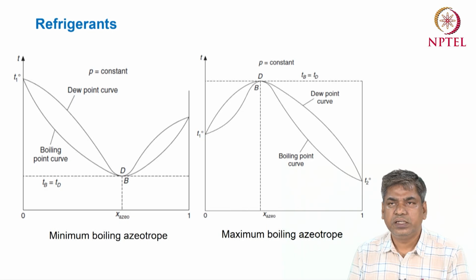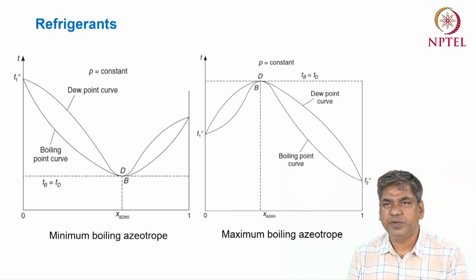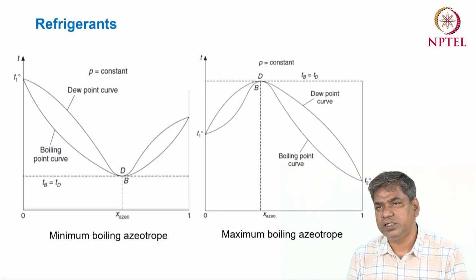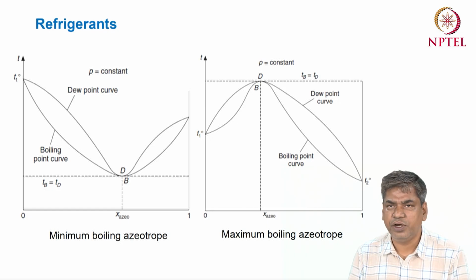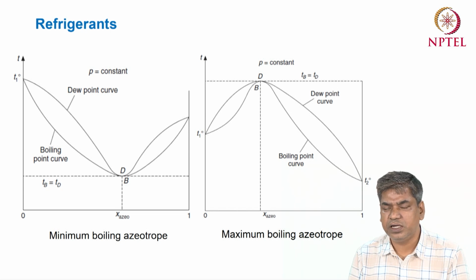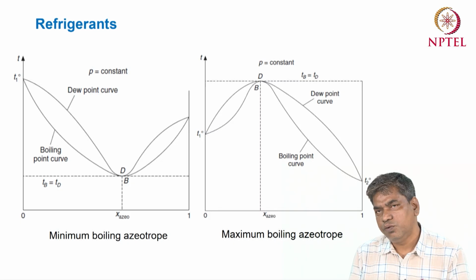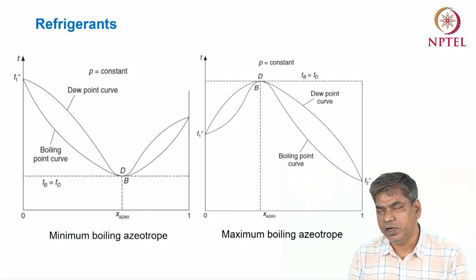Then we can see another two types of difference for different mixtures. In some cases we can see that single point, that optimum ratio where we get the same dew point and boiling point, may be lower than the boiling point of both individual refrigerants.